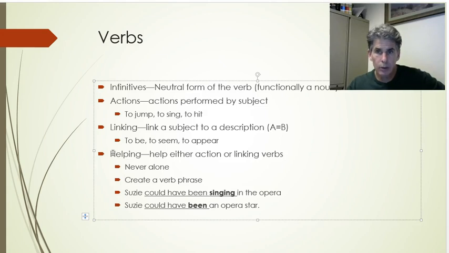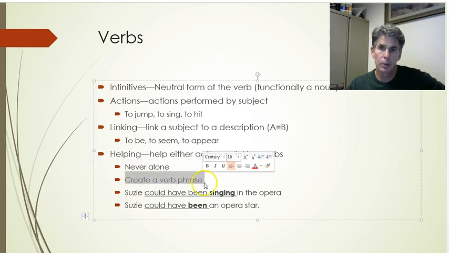Always. No exception. Period. So they never operate alone. They must help out either an action or a linking verb. That's what they must do, or else they're not helping anymore. Okay? And they never are alone, and they create what's called a verb phrase. That's what they do. Okay?